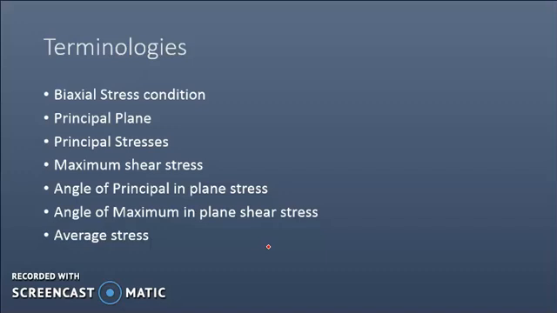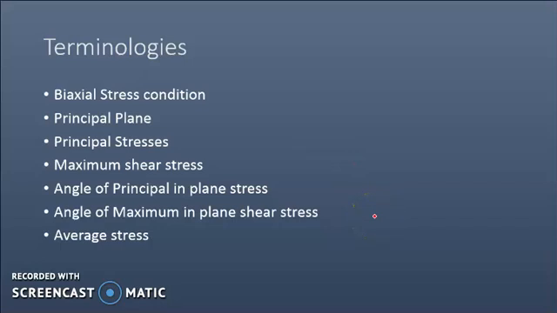So the first thing is biaxial stress. We know about uniaxial stress: when we apply a load in one direction, we call it uniaxial stress. When we apply forces in both directions, like x and y direction, we call it biaxial stress condition.